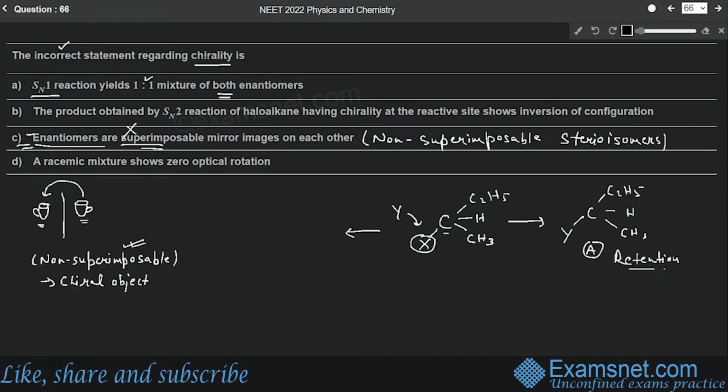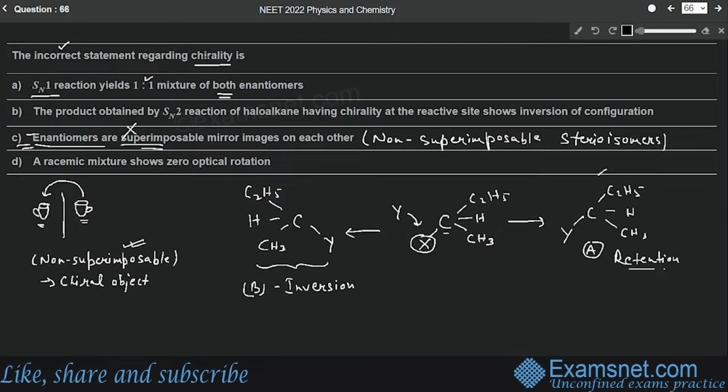Now, the second possibility is that the compound will be inverted. That means the groups on the right side here will be on the left side in this way. Okay, CH3, C, then here H, and then here ethyl group C2H5, and Y will be here. Okay, so you can see here this is inverted. That means this is compound B and this is known as inversion.